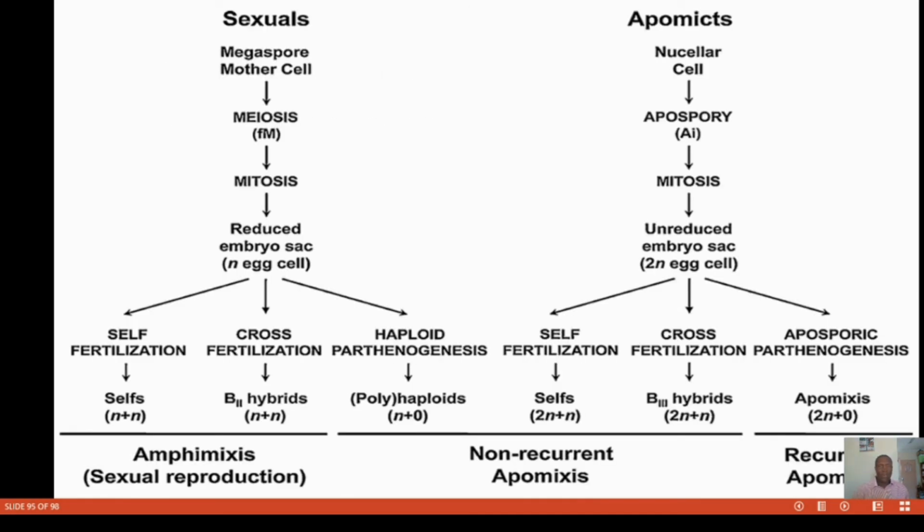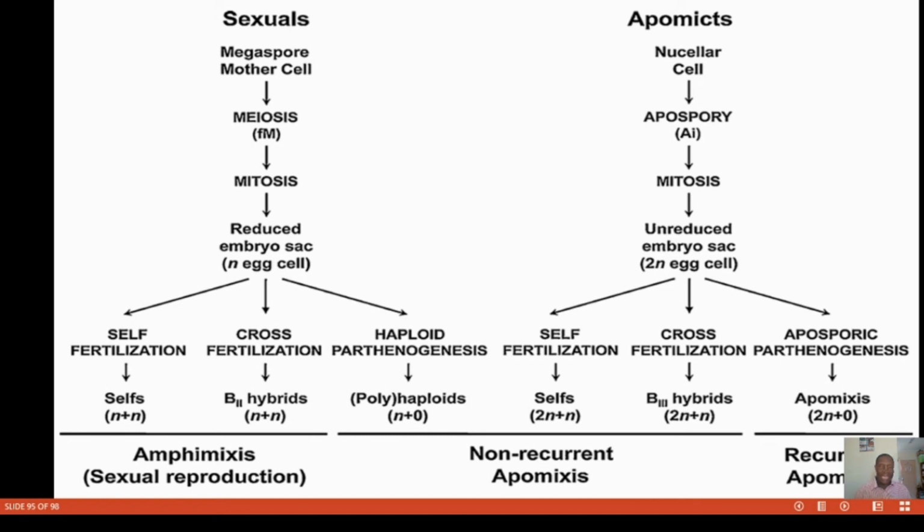and this diagram generally summarizes the sexuals and the apomicts as we see them. Please study this diagram very carefully because it is a complete summary, and pay attention to the various stages of the sexual and the apomicts.